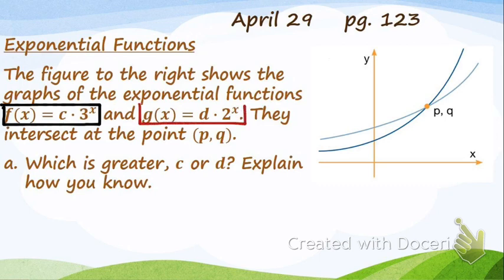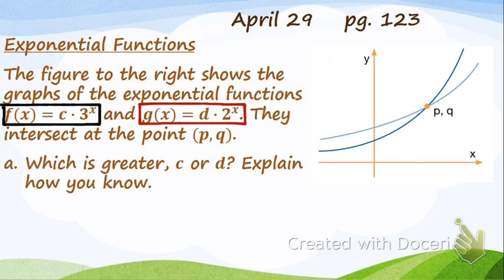G. What's the starting amount on g? D. What's the growth? So it's doubling. Which is faster, tripling or doubling? Tripling. So I'm looking at these 2 graphs and I'm trying to figure out which one is f and which one is g. You said tripling is faster than doubling, right? So it's steeper. I've got this one that's a darker blue, and this one that's a lighter blue. I know in your book they're both gray.